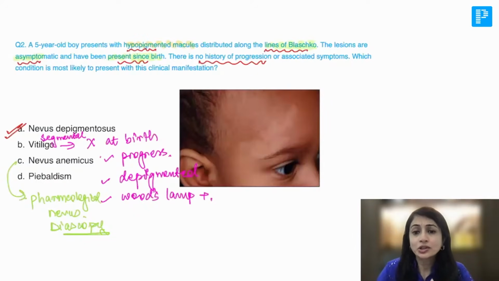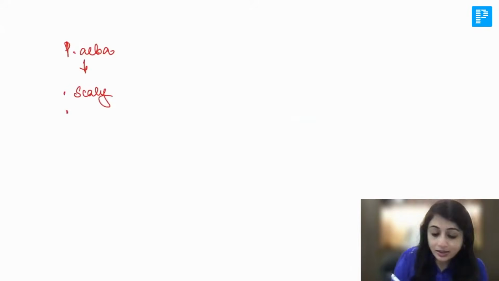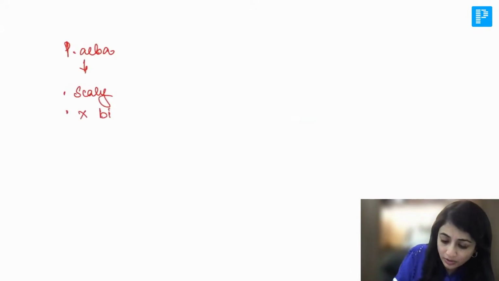Piebaldism, there is a question later, so we'll discuss it there. So this is classical nevus depigmentosus, hypopigmented lesions along the lines of Blaschko. Clear? Can be confused with pityriasis alba? No, you should not confuse it with pityriasis alba because pityriasis alba is scaly. It is not present since birth.